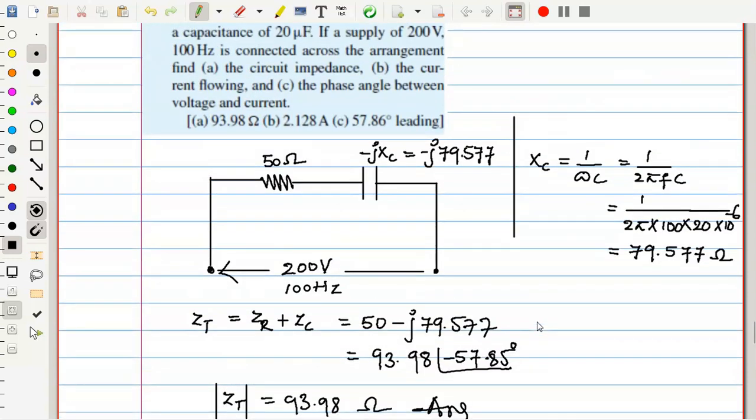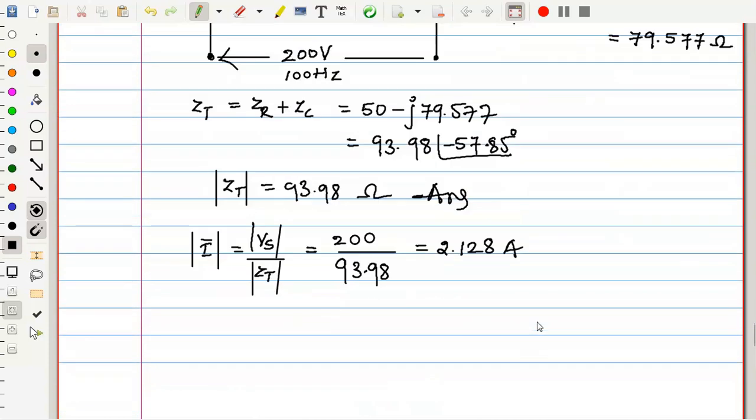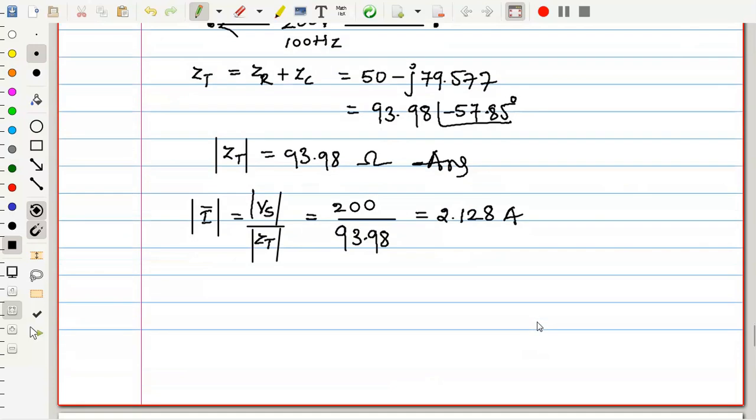What else do we need? Phase angle between voltage and current, for which one can directly put up the values, or you can see it in this way. Let Vs phasor be Vs at an angle of 0. What is Vs? 200 at an angle of 0.